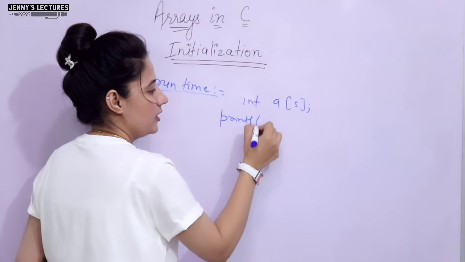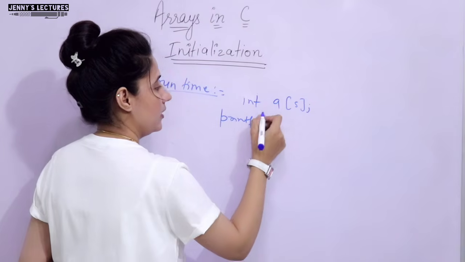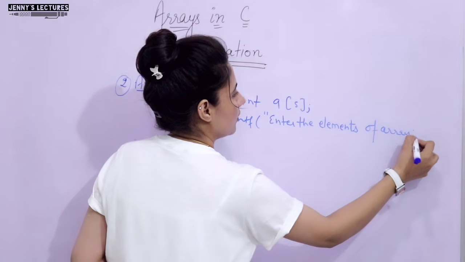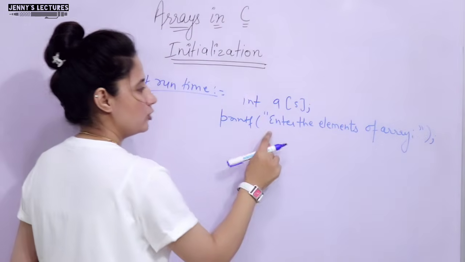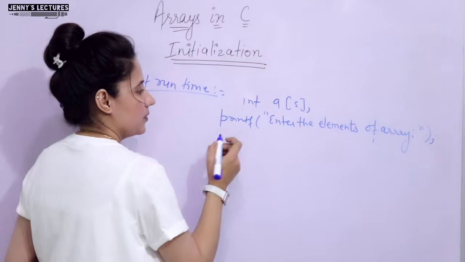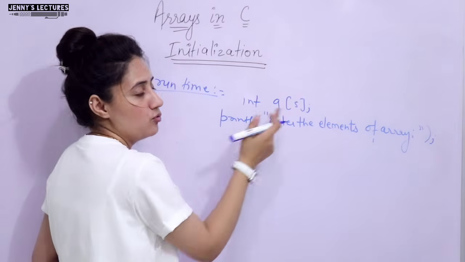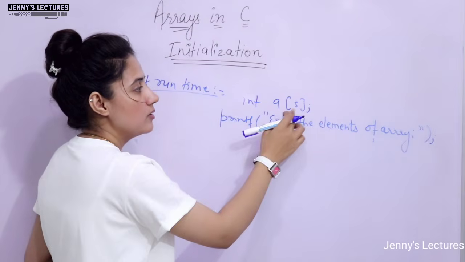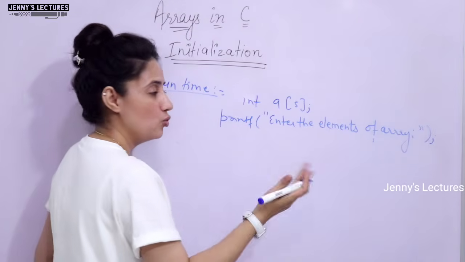For that printing, which function will we use? printf. Here you can write "enter the elements of array" in double quotes, and whatever you write in double quotes would be printed exactly on the screen. Now, obviously we have to give 5 numbers, so what will we use? Loops.